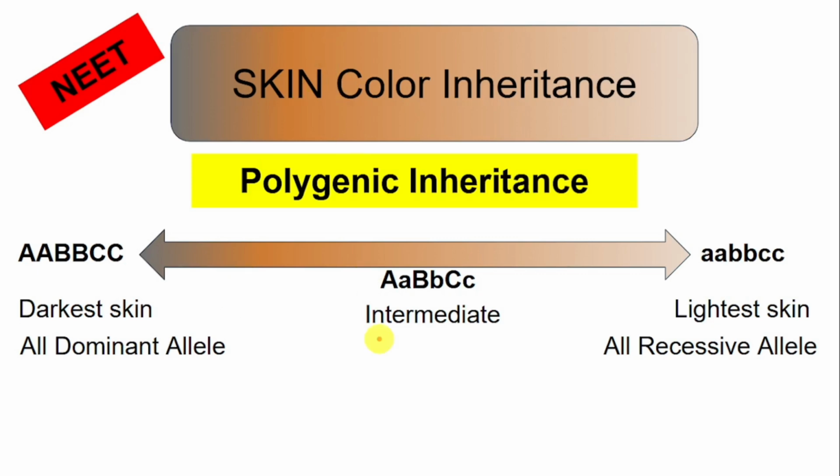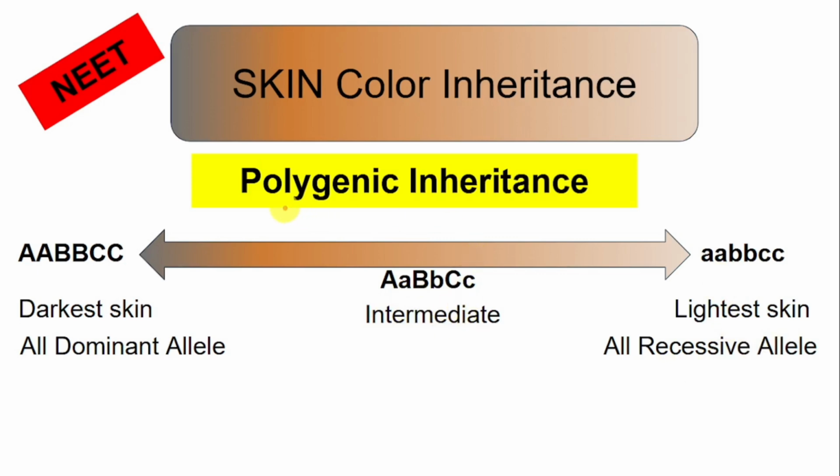So this question was asked last year in re-exam NEET. See, your darkest skin color will have all dominant alleles, capital A, capital B, capital C. And the lighter skin complexion will have all recessive alleles. The intermediate will have a mix of dominant and recessive alleles.